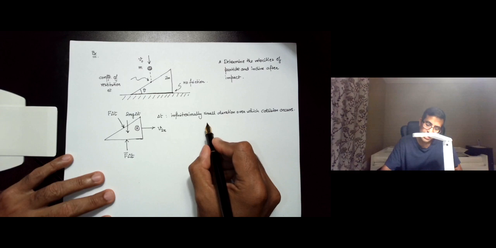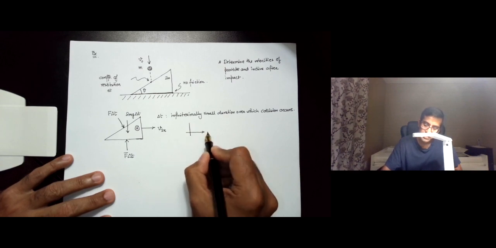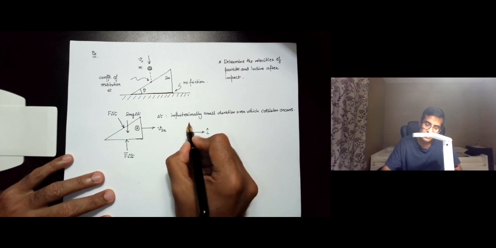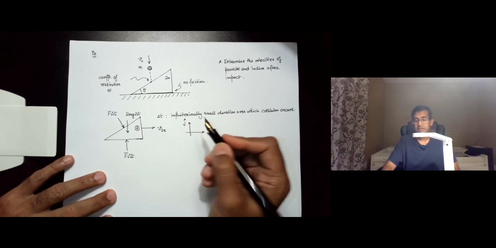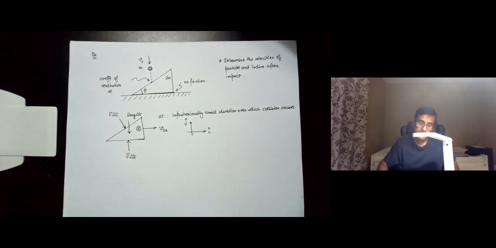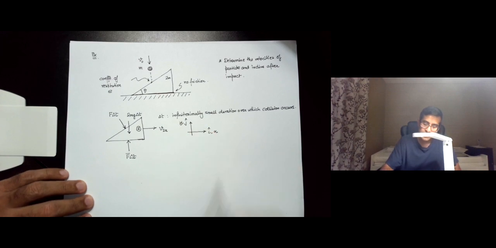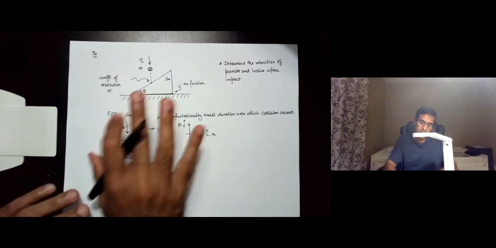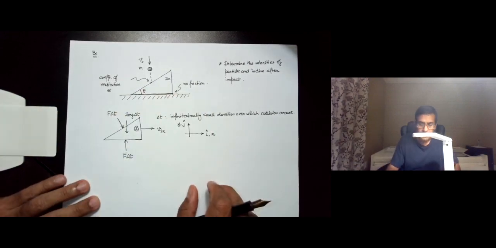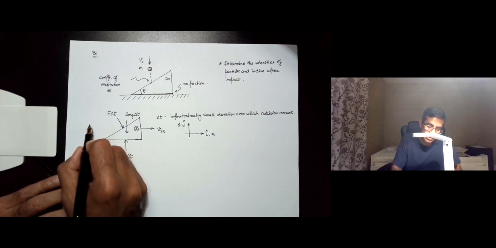Okay, and for that matter we will also designate the horizontal direction as i, the unit vector along the horizontal direction, and j is the unit vector in the j direction. You could say that the horizontal direction is x and the vertical direction is y. Okay, so this is then the impulse diagram of the inclined plane. Now similarly we can have an impulse diagram of the particle itself.